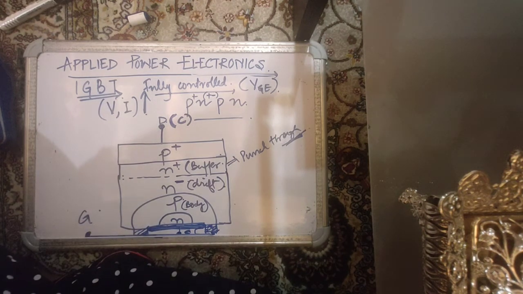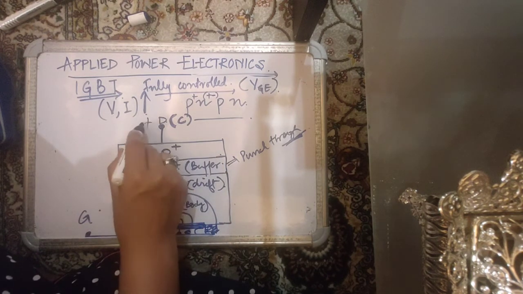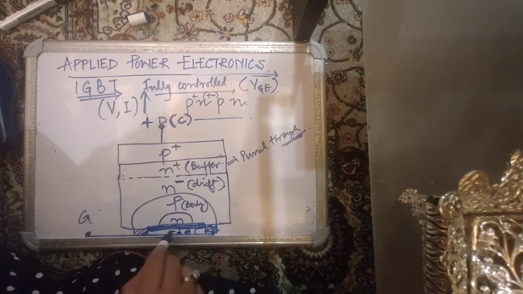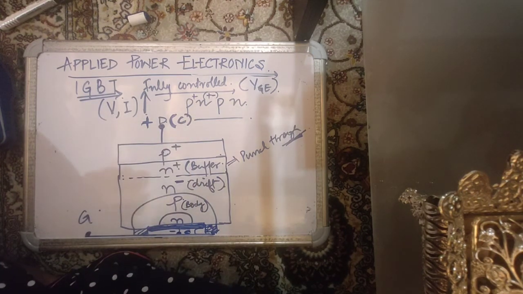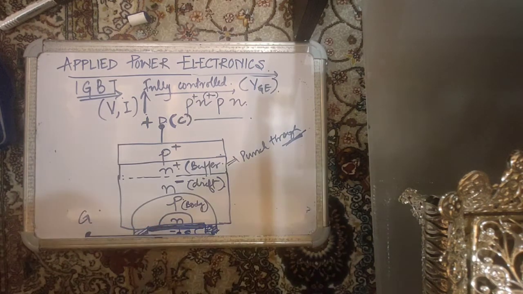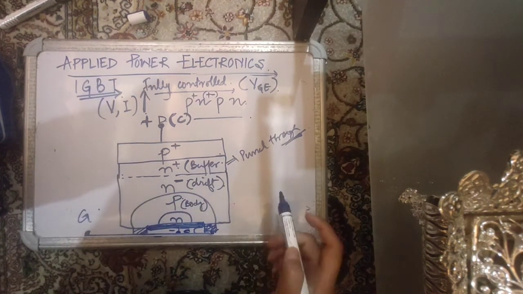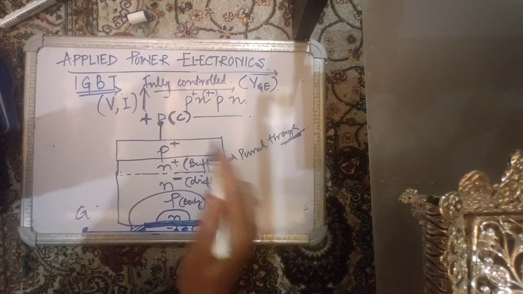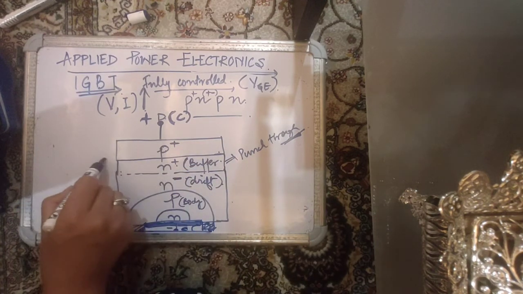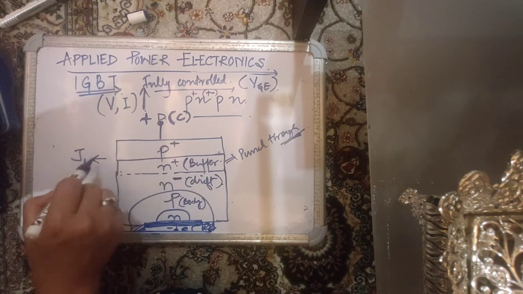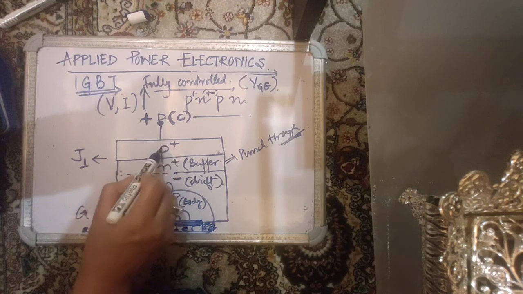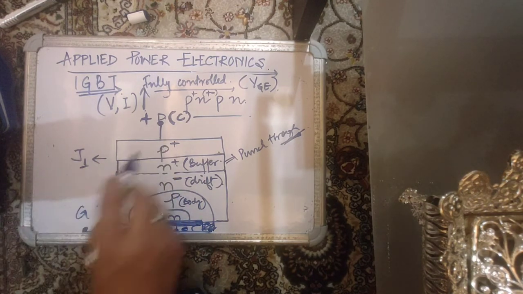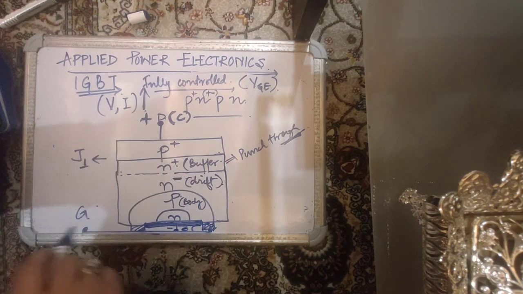Now what happens is that once we give some forward bias, say the drain is positive with respect to the source, the first junction J1 becomes forward biased, because this P region is connected to the positive side.